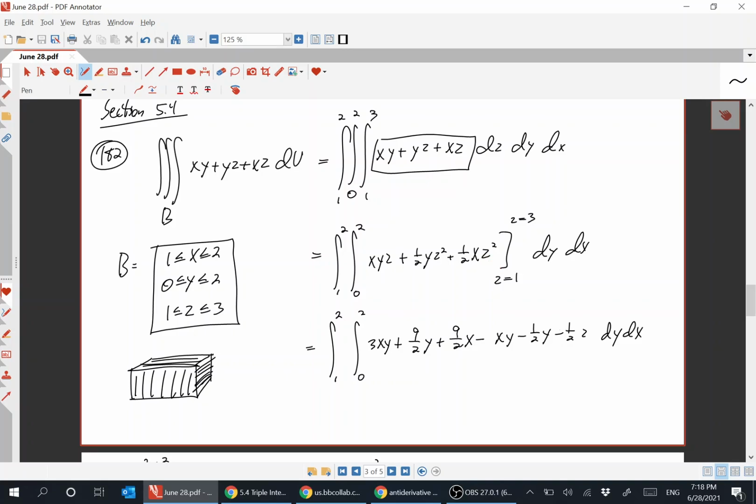So at 3, 3xy plus 9 halves y plus 9 halves x minus, at 1, xy minus 1 half y minus 1 half x.